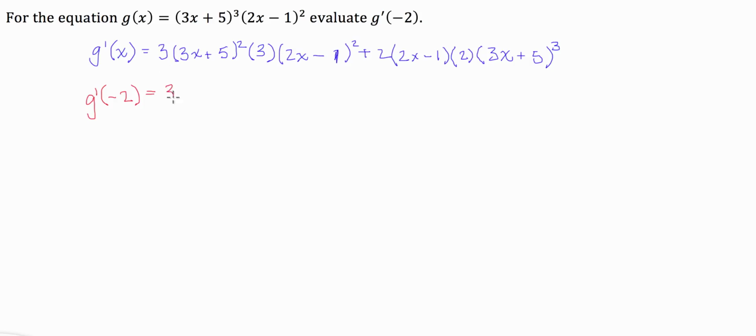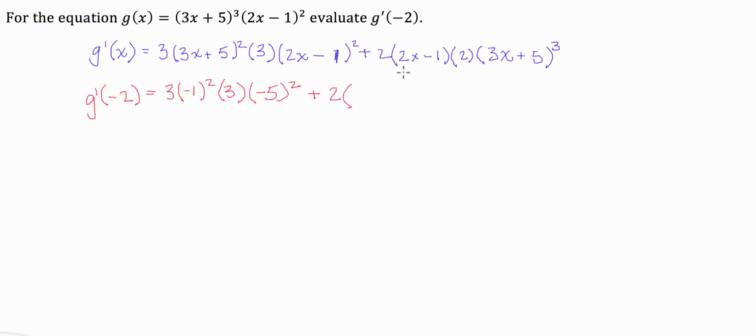So here we have 3 times -2, which is -6, plus 5, which is -1, squared, times 3, times 2 times -2 is -4, minus 1 is -5, all squared.